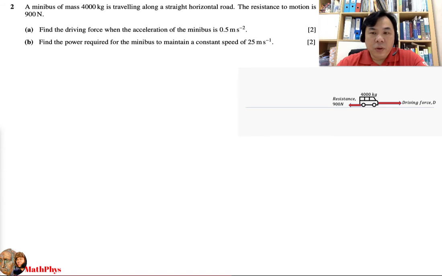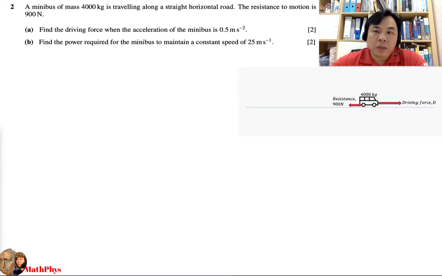Now the resistive force in this question here will most probably consist of frictional force and air resistance. Even though for a short duration of traveling, the air resistance may not impose a lot of resistance towards the motion of the minibus, yet the friction will, right?